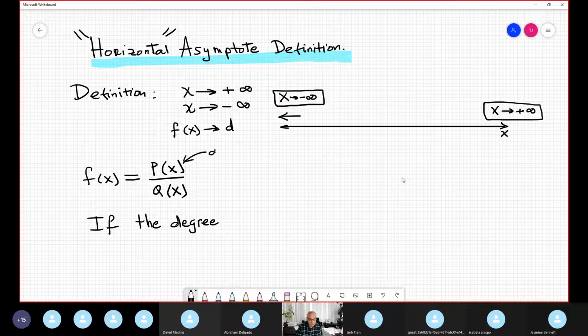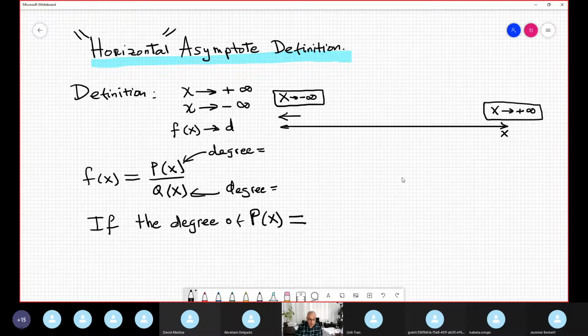Degree of this and degree of this. See, the degree is the same. Degree of P is equal to the degree of Q.